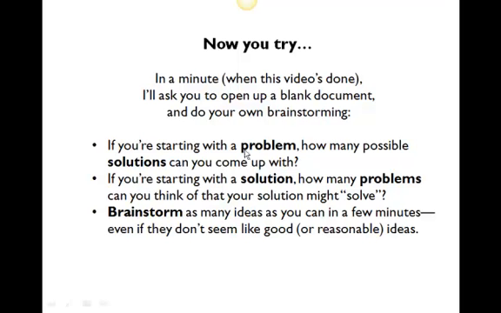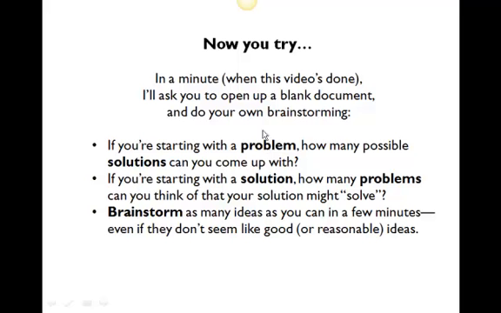I said here, if you're starting with a problem, if you really ended up with some good ideas about what's wrong with education, start with that and then say, how many solutions can I brainstorm? As many as I can. If, on the other hand, you're starting with a solution, a few of you, I think I read something about more fine arts in the schools. We need more money for fine arts. And by the way, you can define that as a solution or a problem.